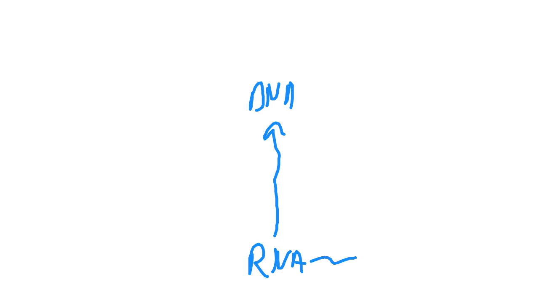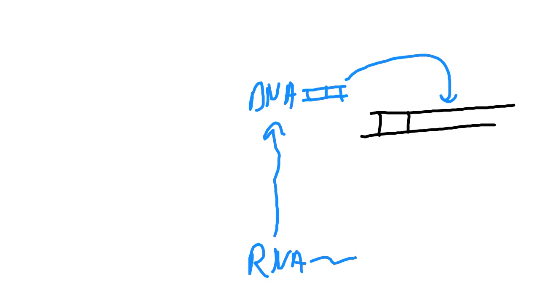When retroviruses replicate, they convert single-stranded RNA into double-stranded DNA. The reason they do that is that once they've got that DNA, they're going to insert that DNA into your DNA.